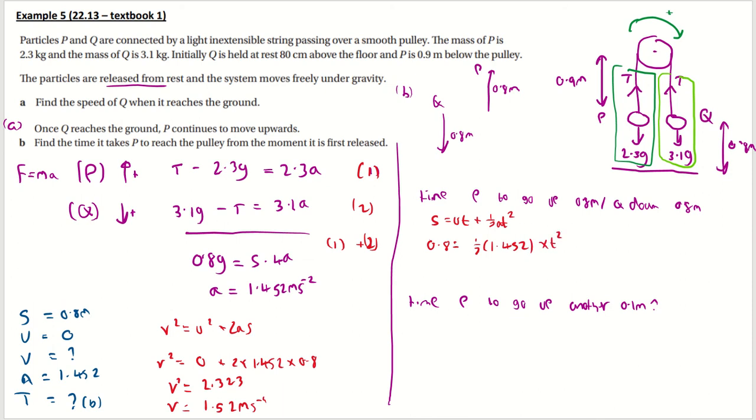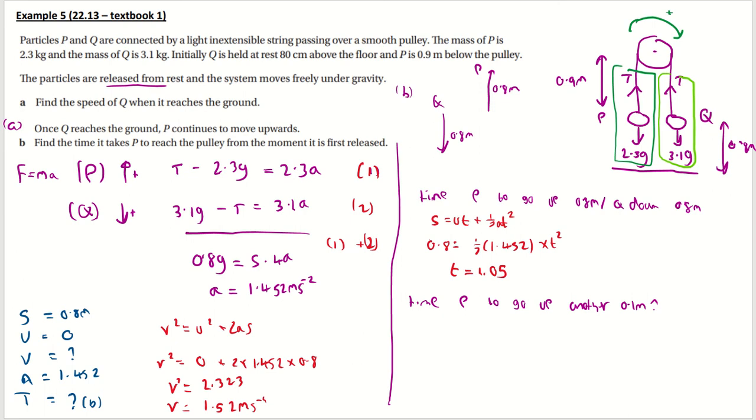On my calculator, 1.452 divided by 2, and then I need to do 0.8 divided by that number. So I think that's 1.05. Just checking the textbook before I move on. During that time I could have just found a calculator.